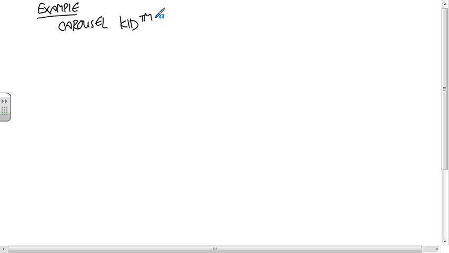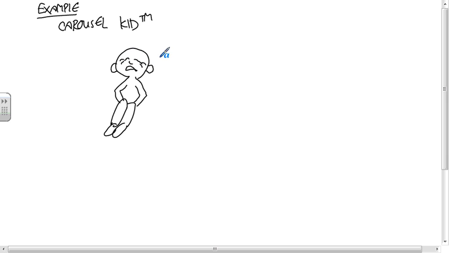It involves carousel kid. He looks like Charlie Brown, kind of.